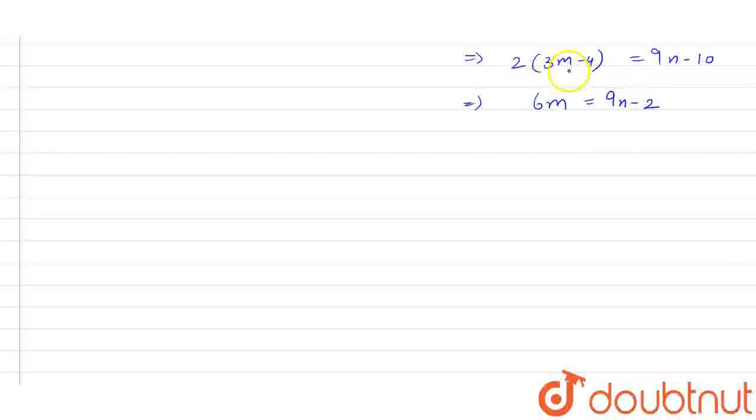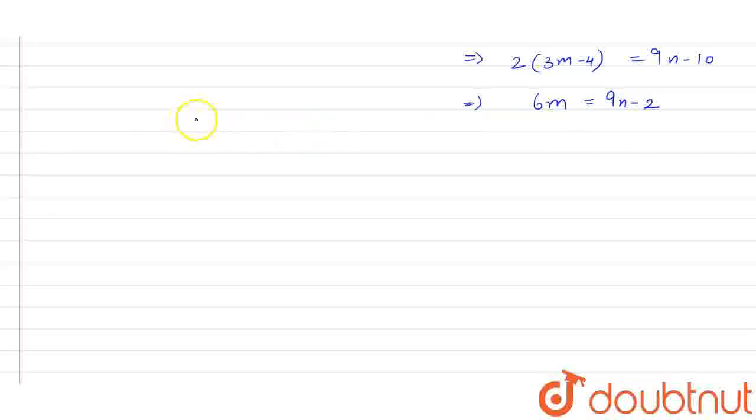We multiplied this and then took like terms on one side and unlike terms on the other. So from here, if you can see, we have got 6m is equal to 9n minus 2, right? This is the equation of the locus.